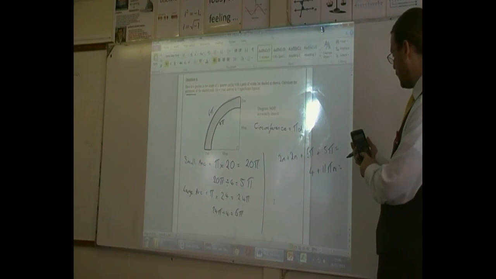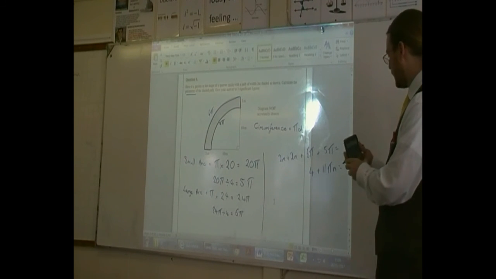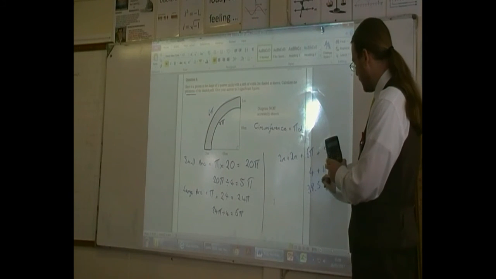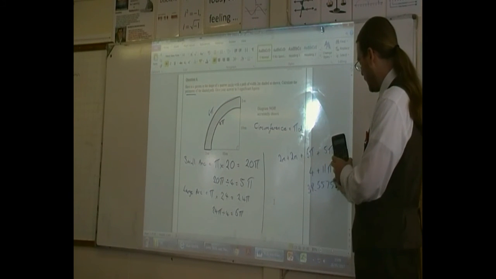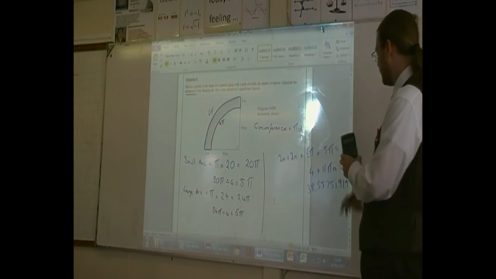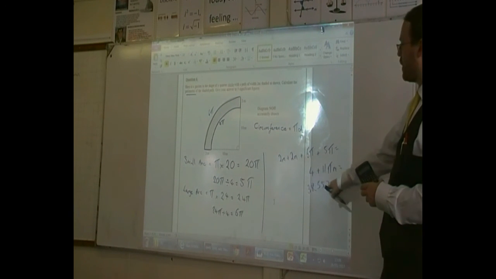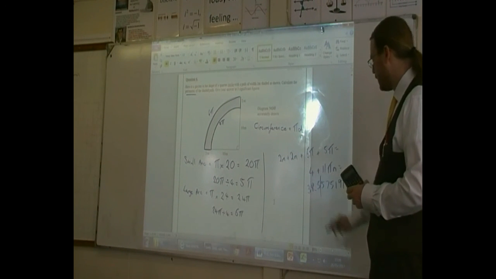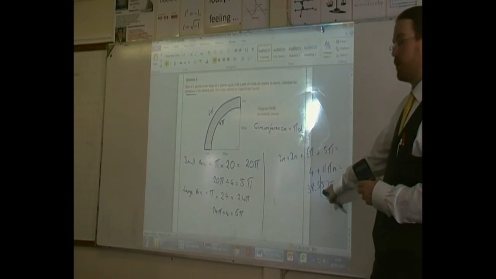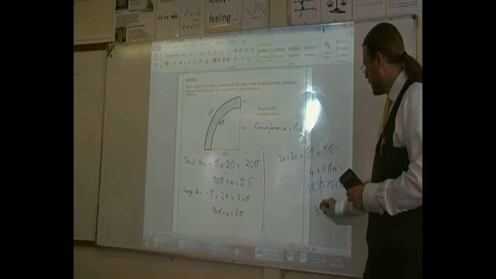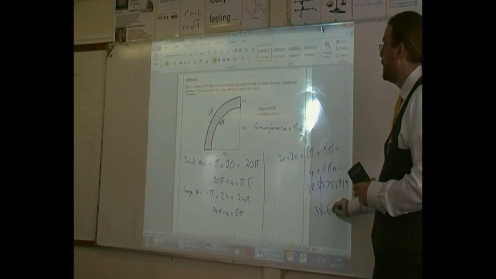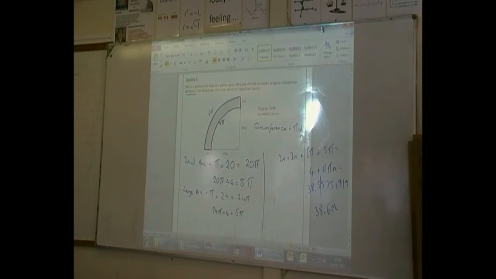Add 4 to that, gives us 38.5575919. And if I'm going to write that to 3 significant figures, 1, 2, 3, I'm going to cut it off there. And I look at the next one over, so I'm rounding up, 38.6 meters. And that's our final answer.